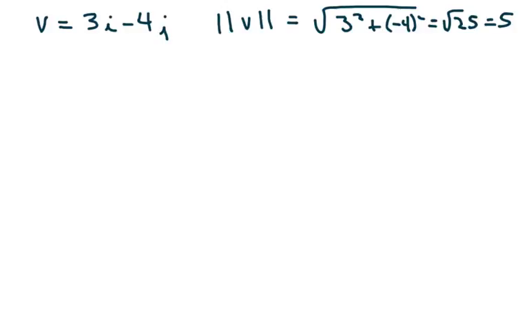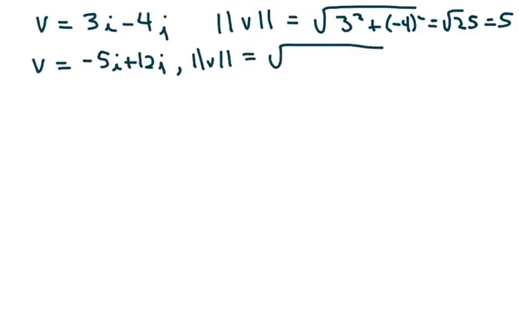Okay, you see how simple this is? Let's do this one. Negative 5i plus 12j. I'm going to find the magnitude, the length. That's just going to be the square root of negative 5 squared plus 12 squared, which gives you the square root of 169, which equals 13.